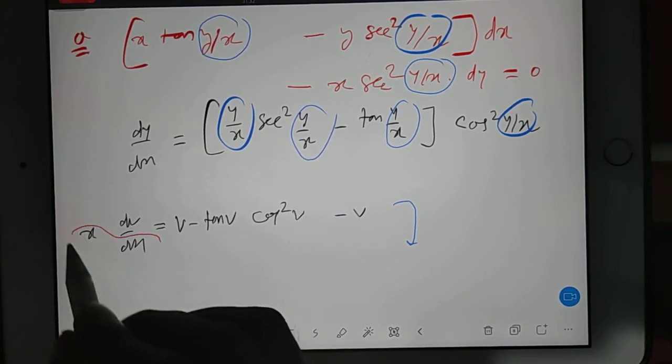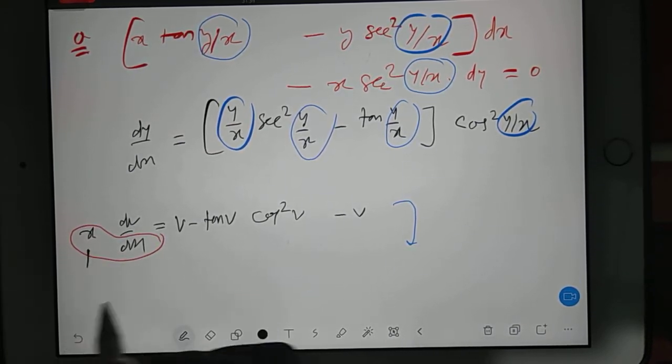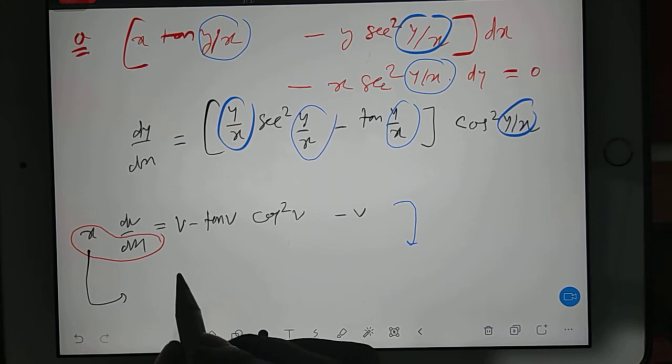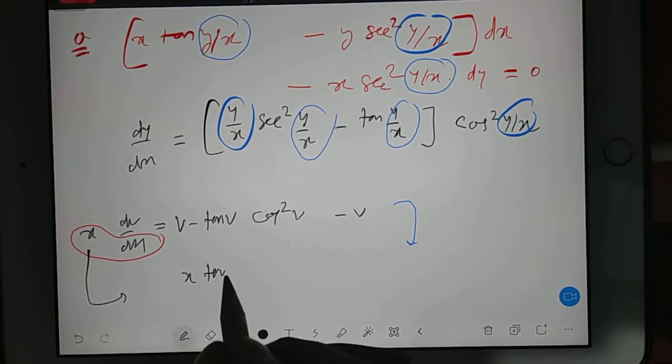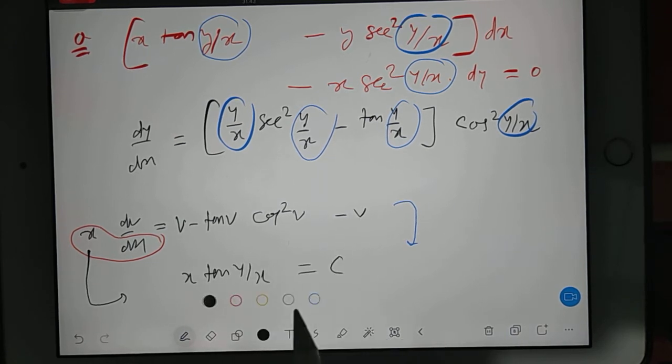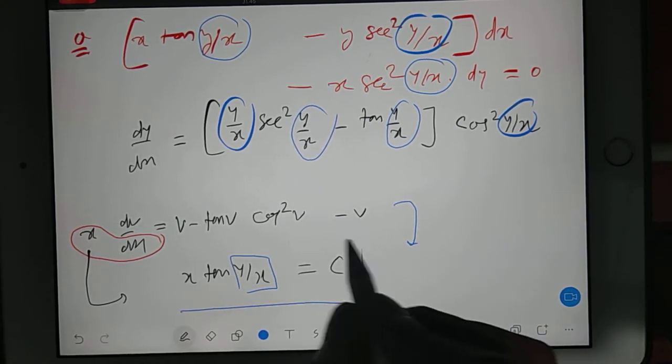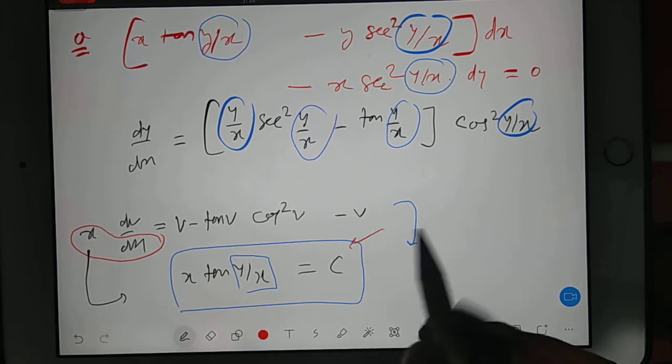You can see here x and dx are coming together. When you separate the variable, then your answer will look like x tan y by x is equal to constant. You can verify your answer.